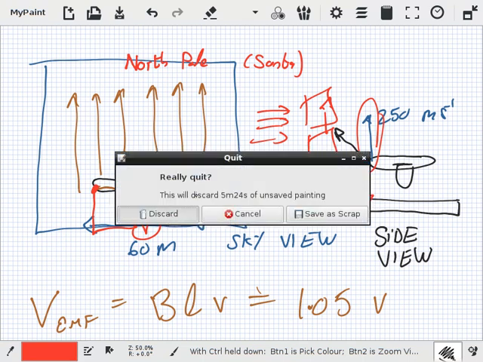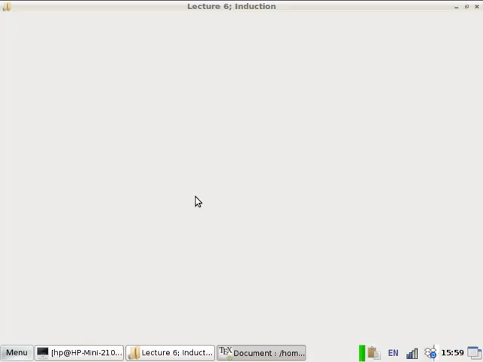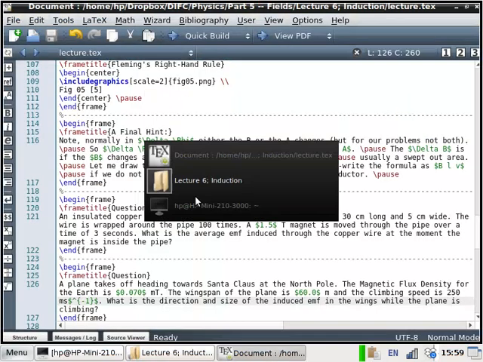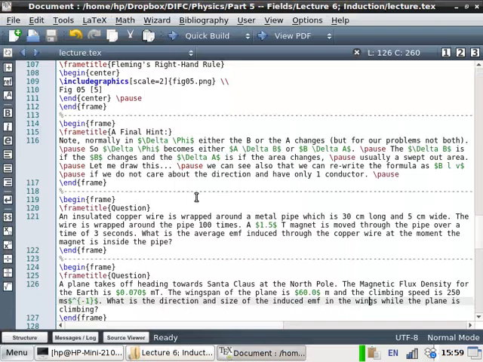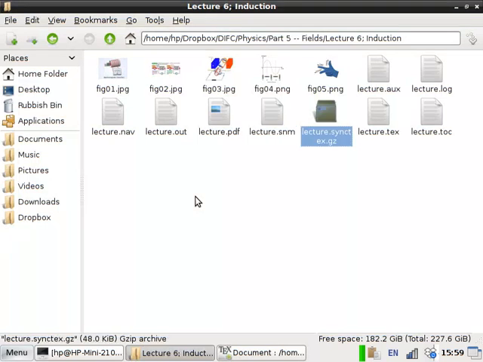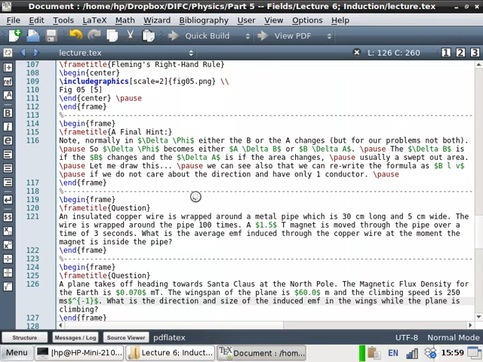Okay. Rightio. Where's it gone? Where's my PDF?